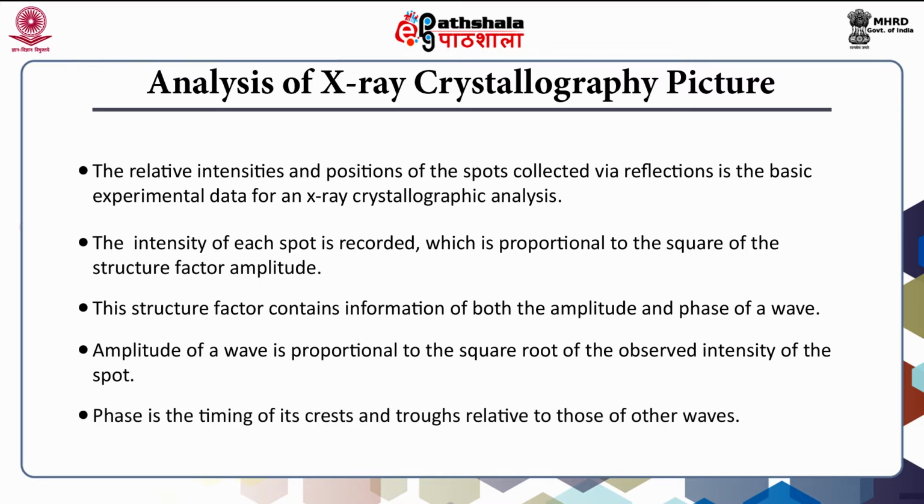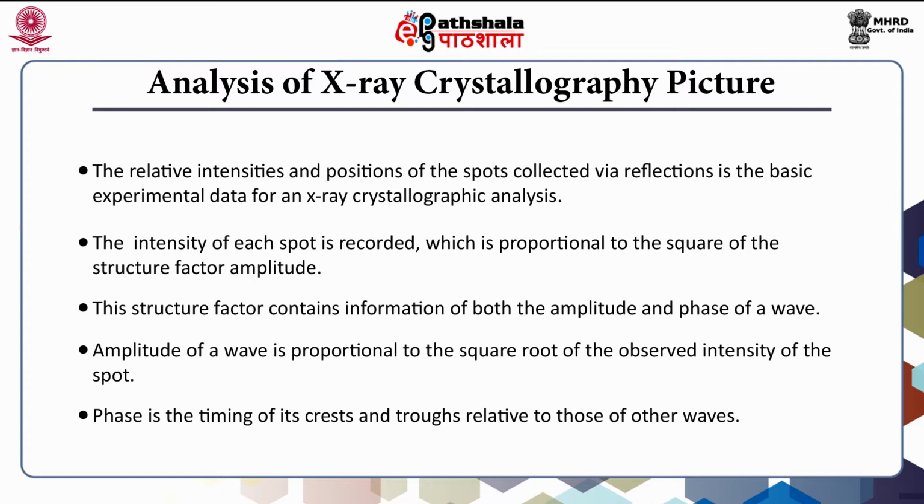Each wave has a phase, that is, the timing of its crests and troughs relative to those of the other waves. So, we have to calculate the phase and the amplitude, and then we need to do some more high-level mathematical calculations; additional experiments and calculations must be performed to determine the phases corresponding to each reflection.